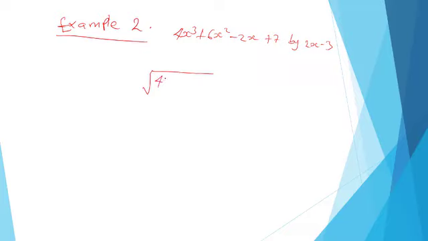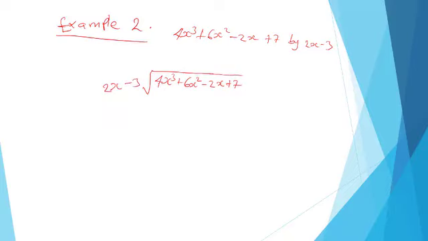You place your 4x cubed plus 6x squared minus 2x plus 7. Remember, this is the dividend. Then your divisor comes here, 2x minus 3.